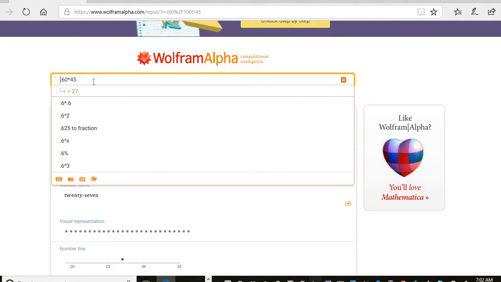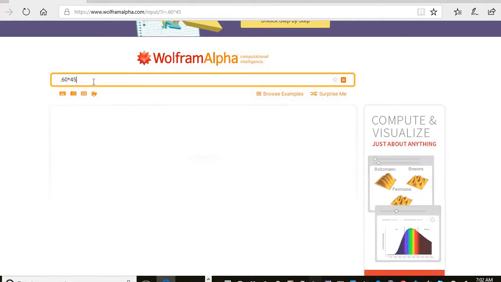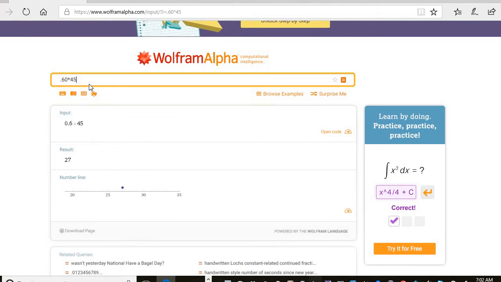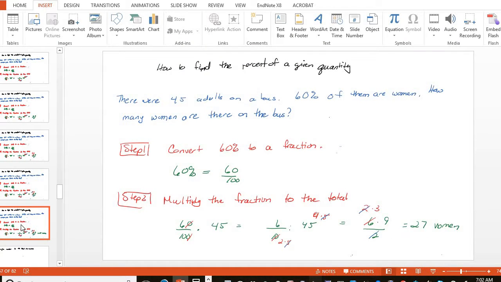Recall at the beginning that I showed you that 60% in decimal form is 0.60. And if I just multiply those two, that's how usually we think of this. We think of the percentage, move the decimal point over 2 places, and then do the multiplication. And so I see the result is 27. So Wolfram Alpha has got it right again.